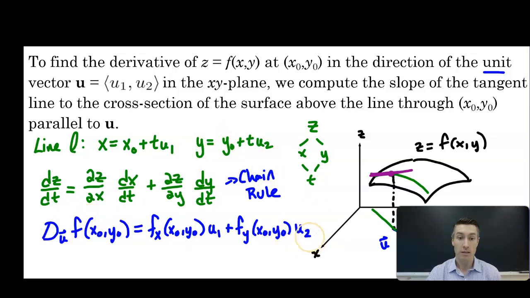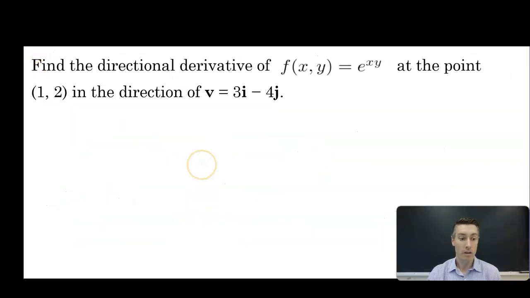So this is the actual computational approach we will take to find the directional derivative. We're going to multiply the partial with respect to x, evaluated at the point, by the x component of the unit direction vector, and the partial with respect to y, evaluated at the point, times the y component of the unit direction vector. So now that we have a formula, let's actually do a directional derivative.